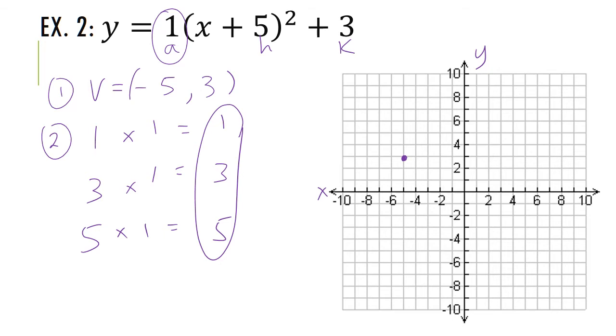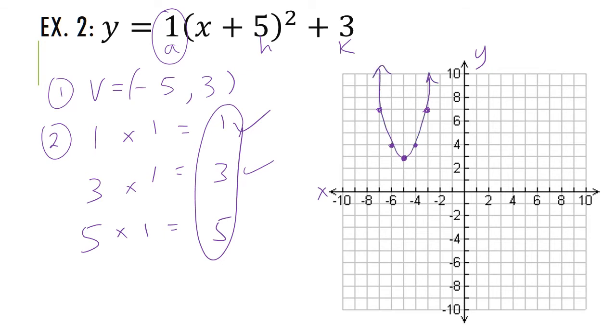Now, how do you use those to get the rest of the points? Well, you start at your vertex, always over 1, and then up 1. So over 1, up 1 on both sides. Done. Now from that point I just made, over 1, up 3. Over 1, up 1, 2, 3 on both sides. That one's done.